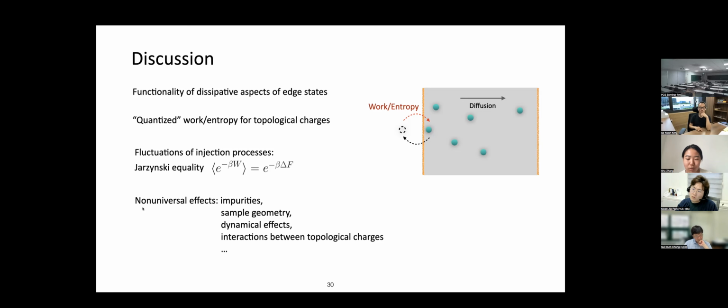So it's important to think about adiabatic injection, where this velocity is small enough so we can neglect dynamical effects. And the gas of topological charges inside the bulk has to be not so dense, so that we can ignore the interactions between different vortices or skyrmions.